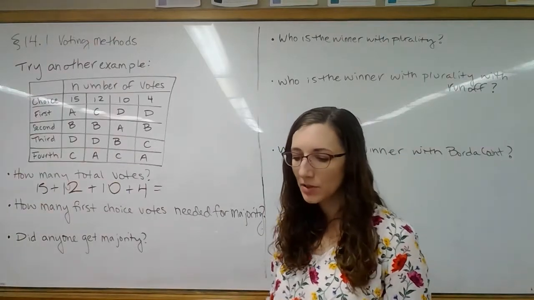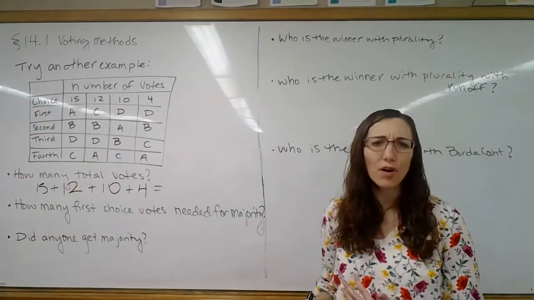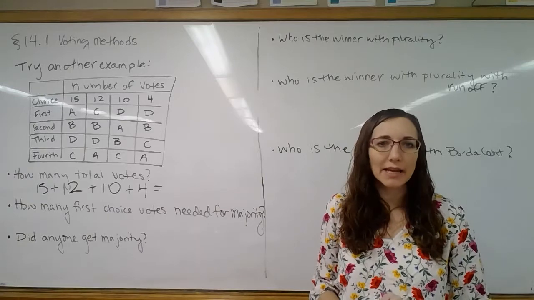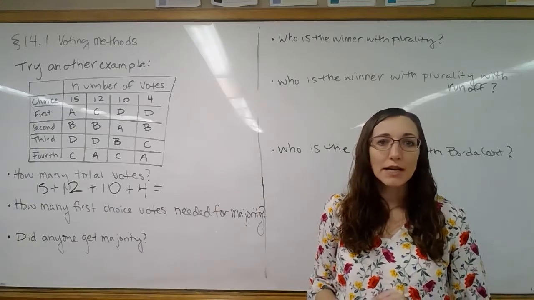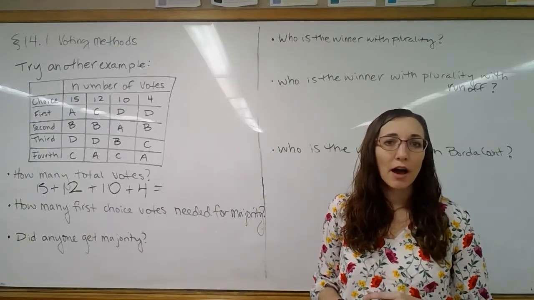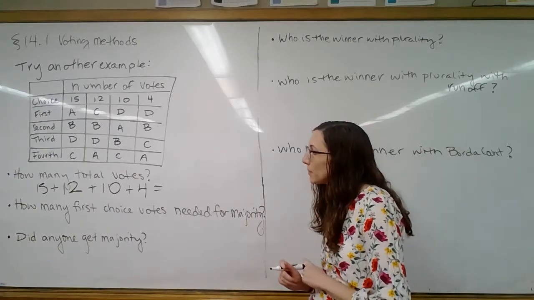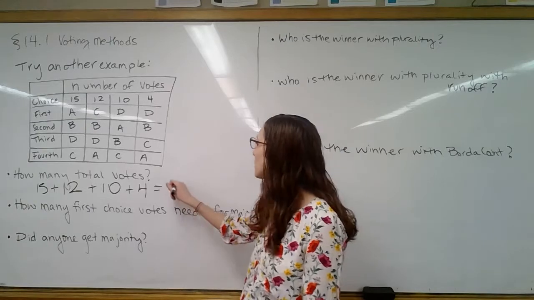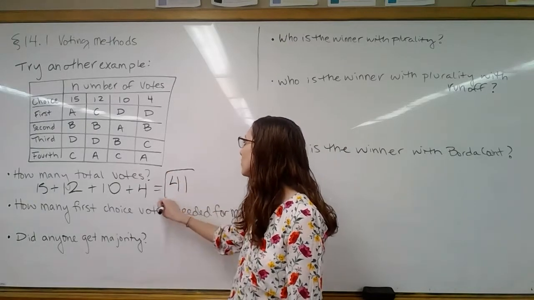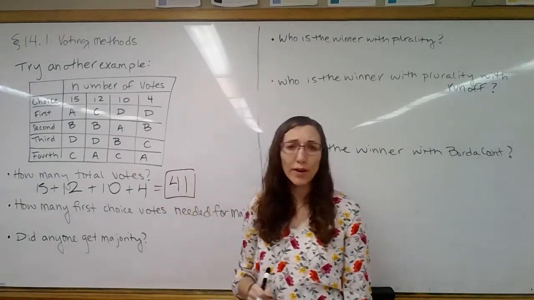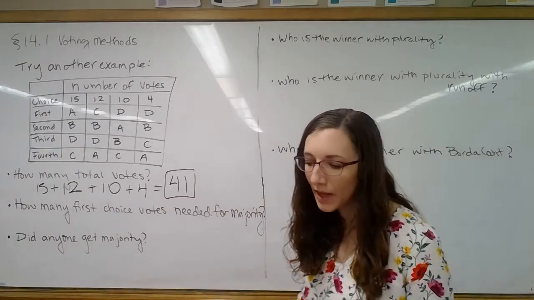In both of the examples that we've done, we've had 4 columns. That's not always the case. You can have less, you can have more. It just depends on how many types of preference ballots you get. So 15 plus 12 plus 10 plus 4, we end up with 41 total votes. So 41 people voted in this election.